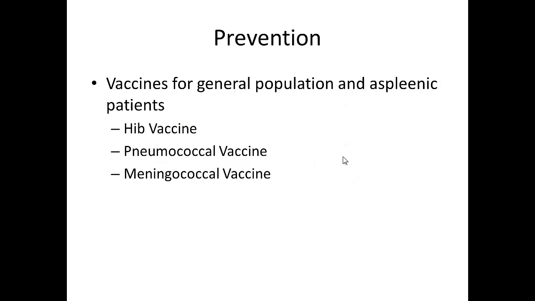Basically, we want to prevent meningitis. So we give these vaccines in the general population and in people without a spleen, because people without a spleen are unable to fight off the encapsulated organisms. So we give the Haemophilus influenzae type B, the pneumococcal vaccine, and the meningococcal vaccine. I would bet that many of you had the meningococcal vaccine before you started college.